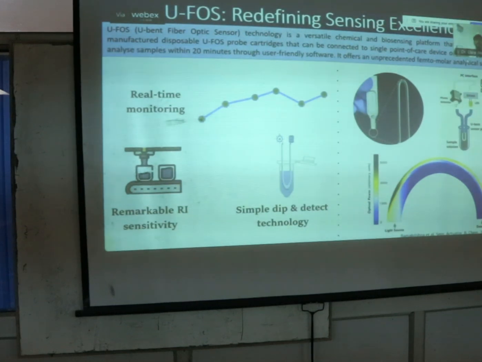The product is U-Force, which is a U-bend fiber optic sensor. If you see, the invention is this fiber, the bent object you are seeing here on the screen, which will do the assessment. This technology is a versatile chemical and biosensing platform that provides a manufactured, disposable U-Force probe cartridge.